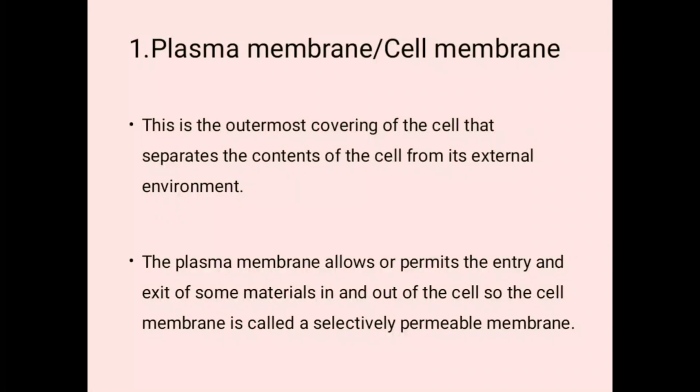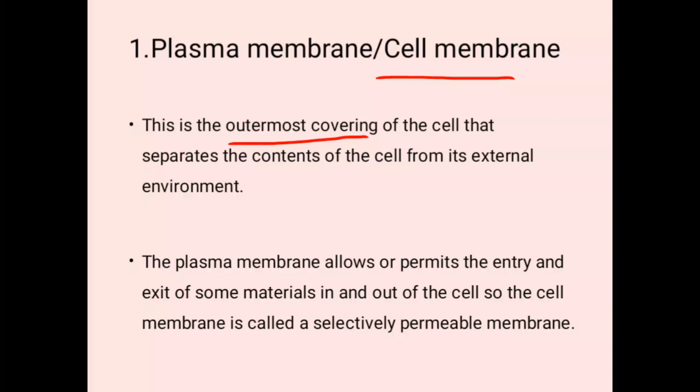The first cell part is the plasma membrane. It is also called the cell membrane. It is the outermost covering, meaning it is the first covering of the cell. Its main function is separating the contents of the cell from its external environment.